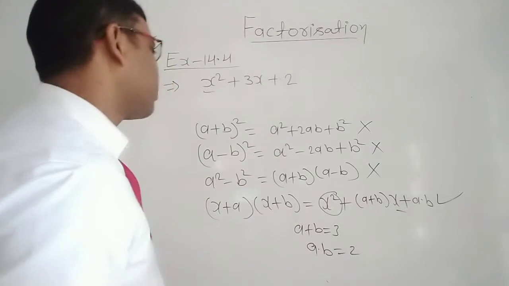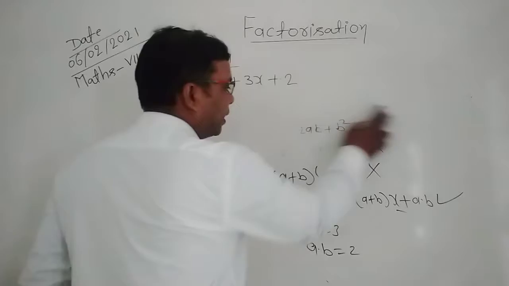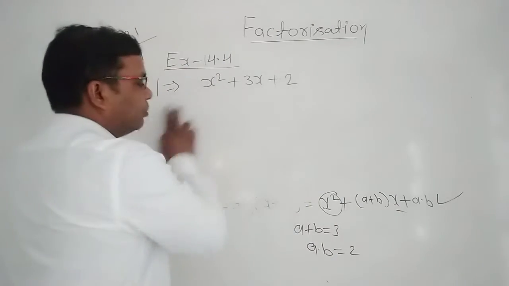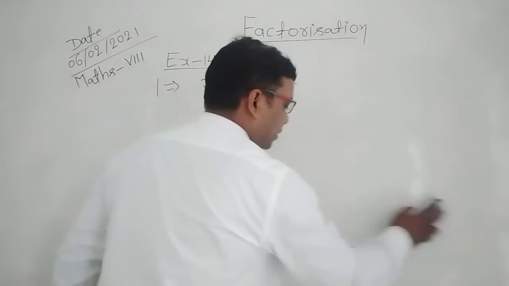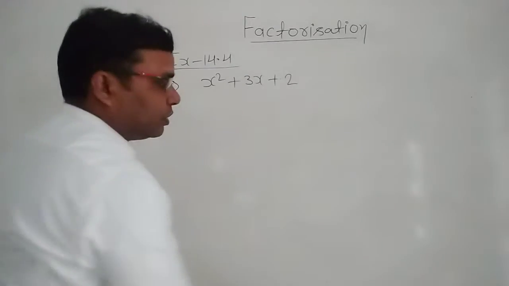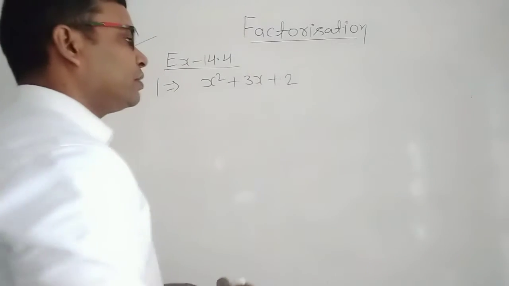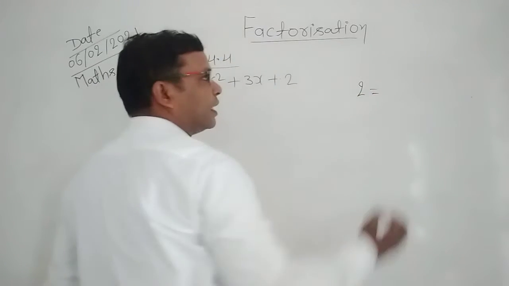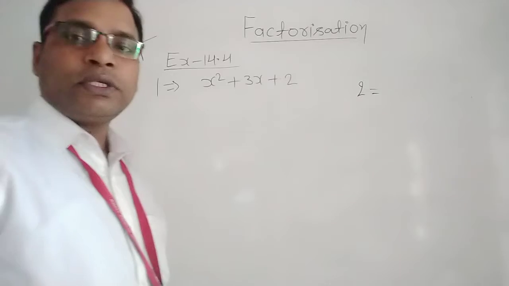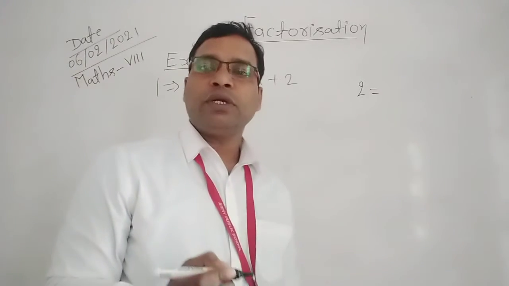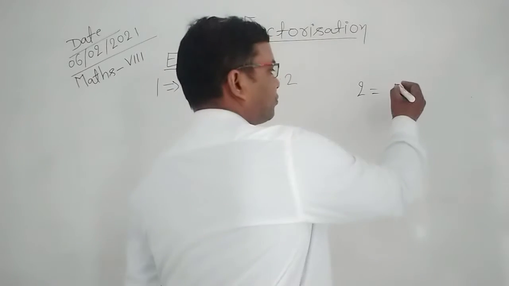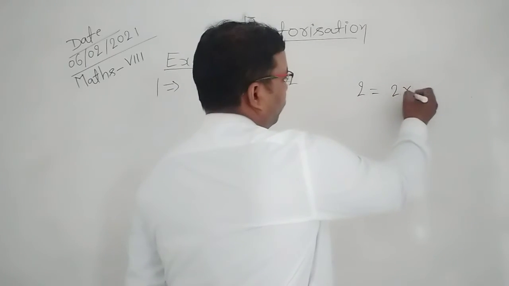So let's see how we apply identity number 4 to this trinomial to find its factorization. Here you can see the constant term is 2. So you can write its factors 2 into 1, because 2 is a prime number, so it has only two factors, 1 and itself, 2. So we can write 2 into 1.